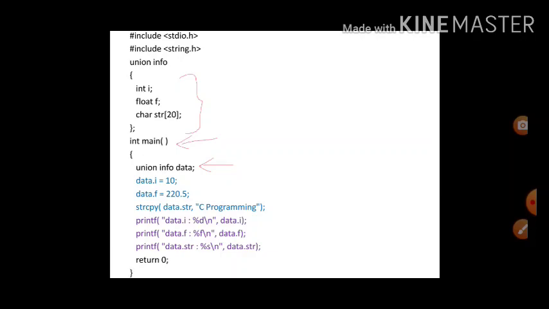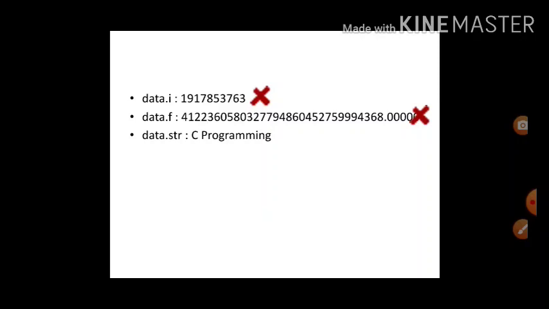Now let us check what is the output of this program. This is the output you will be getting. You will get some garbage value for your integer, some other garbage value for your floating point number, and the last one, string, is showing properly.